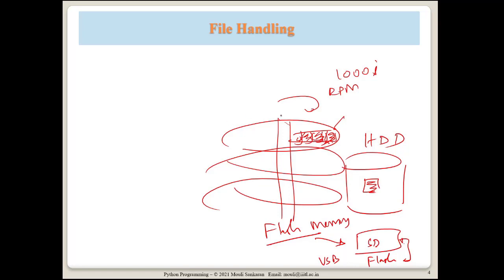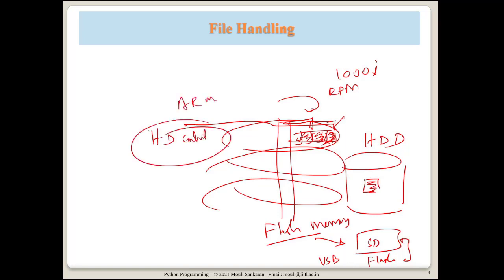Now, the hard disk works this way: we have a reader which can be positioned anywhere, and it picks up the magnetic disturbance from the disk, which is very close to it, picks up that energy and sends it to the hard disk controller, which is actually a dedicated ARM-based processor.